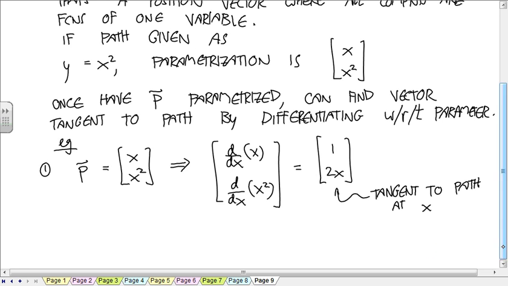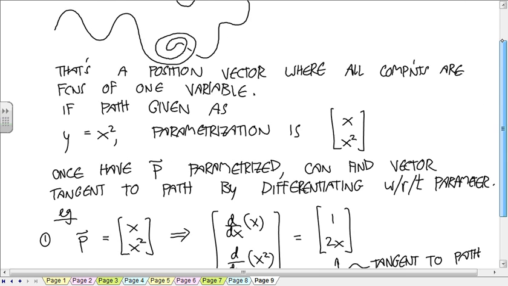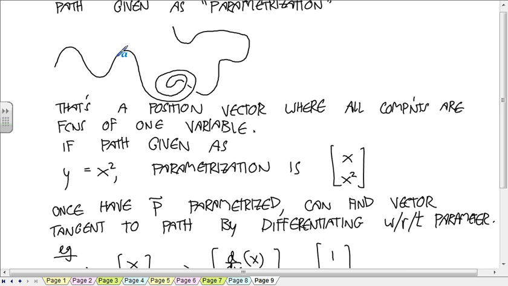One other thing to consider with this is, at a single point on this curve, like say here, how many vectors are tangent to that curve? There's actually 2, one this way and one this way.